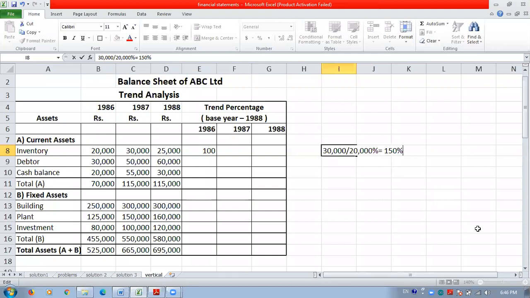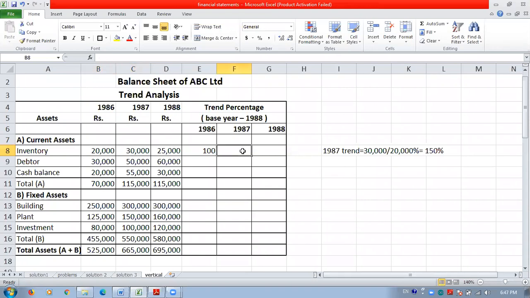Right or wrong? Right. Yes, it is right. So this is the trend for 1987. The 1987 trend is equal to 30,000, the figure of 1987 inventory, divided by 20,000, the base year figure of inventory, as a percentage.